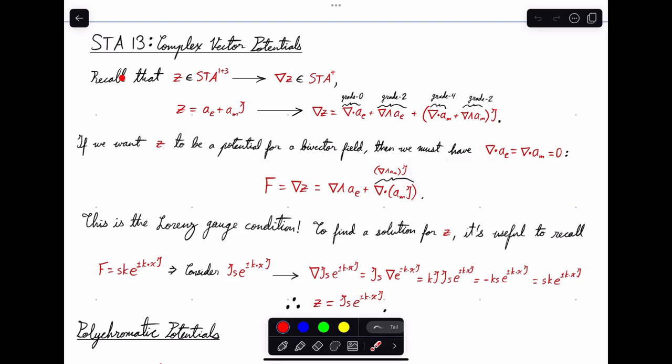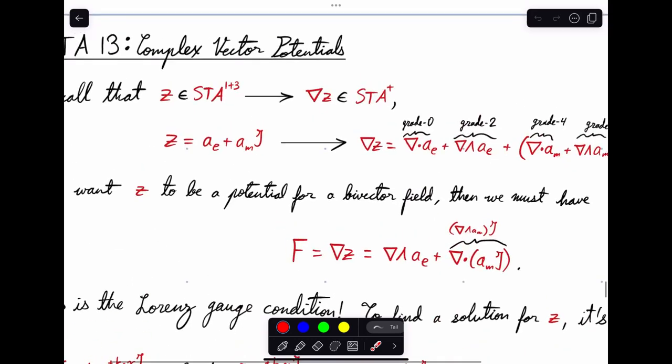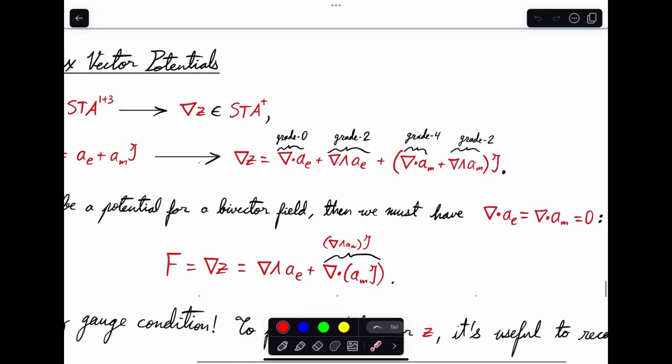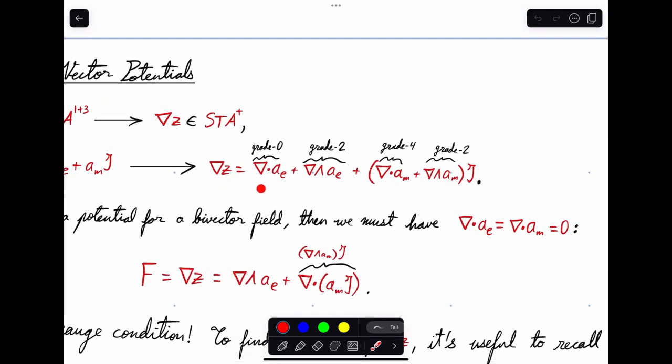So recall that for a complex vector, an element in the spacetime algebra that has grade 1 and grade 3 components, when you take the gradient of that, it's in the even subalgebra. If z is equal to this, where a, e, and am are vectors, then when you take the gradient of that, you get a grade 0, grade 2, grade 4, and grade 2 component.